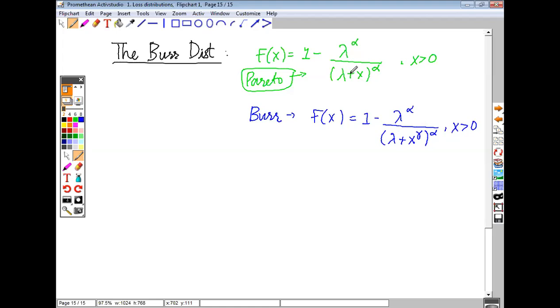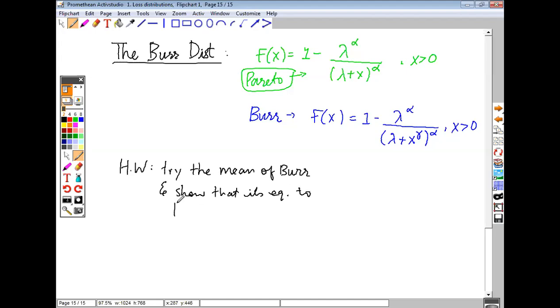So this would be the homework for each one of you. Just to remind you, try the mean of Burr and show that it's equivalent to Pareto's mean at gamma equals 1.